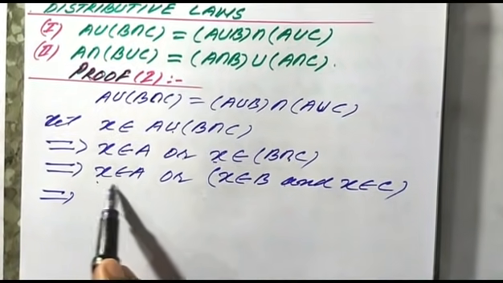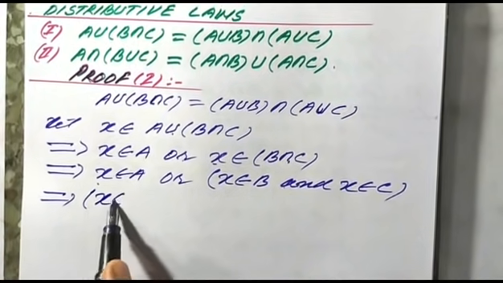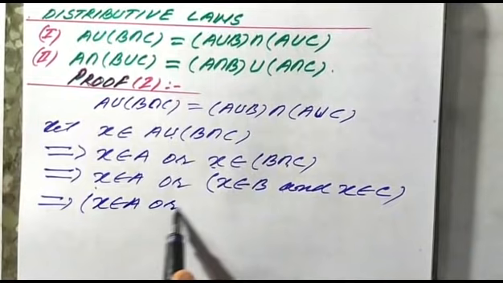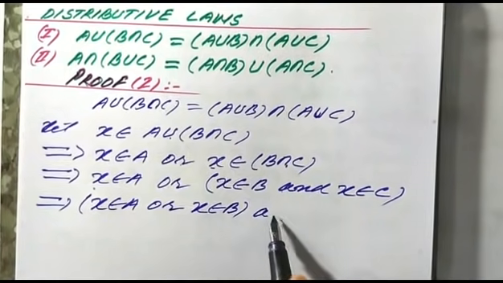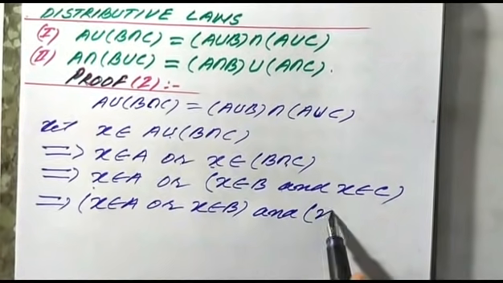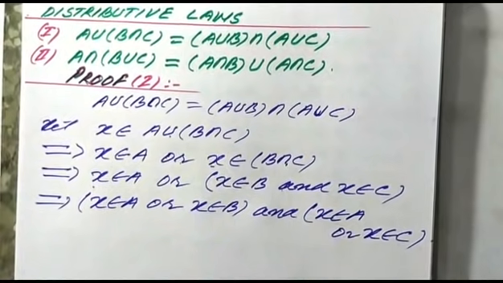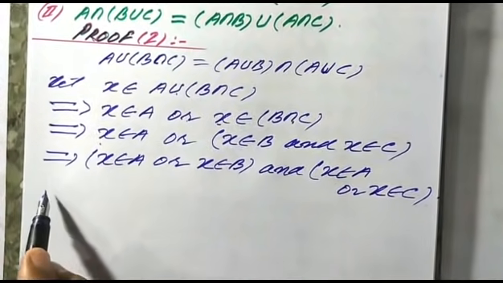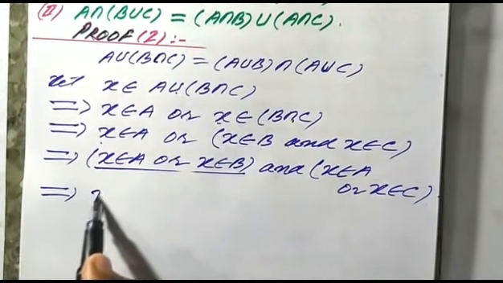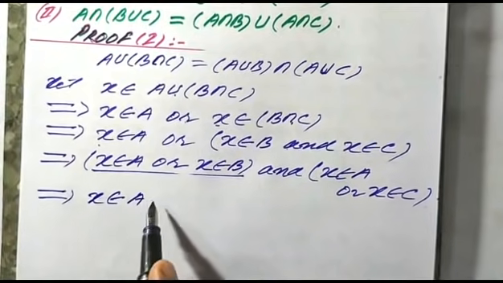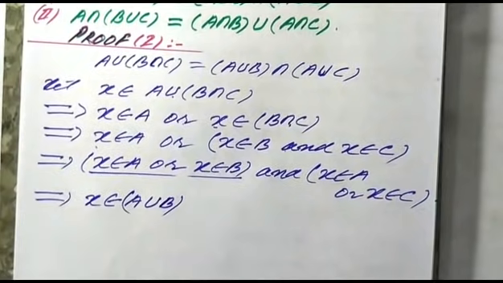Now we may write this statement in two parts: X belongs to A or X belongs to B, and X belongs to A or X belongs to C. Now it implies that this statement may be written as X belongs to A union B within parentheses.